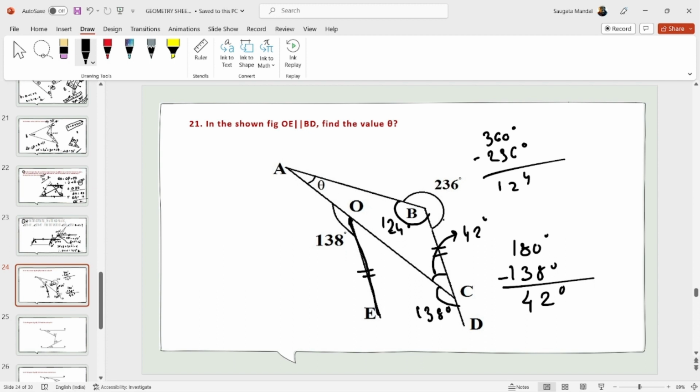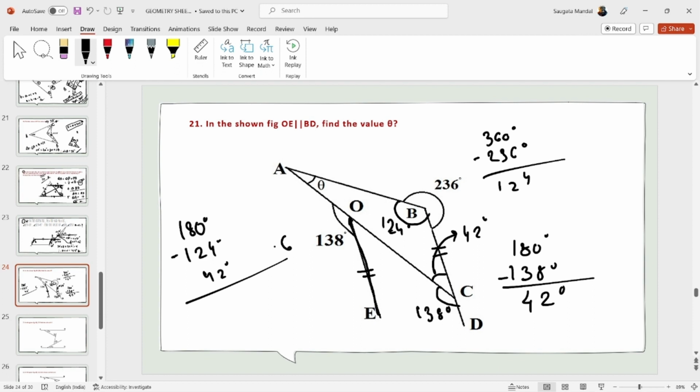And in a triangle ABD, what is the value of theta? In a triangle, the sum of three angles is 180 degrees. One angle is 124 degrees and one angle is 42 degrees. So subtract them from 180 degrees. Then we can easily find the value of theta.